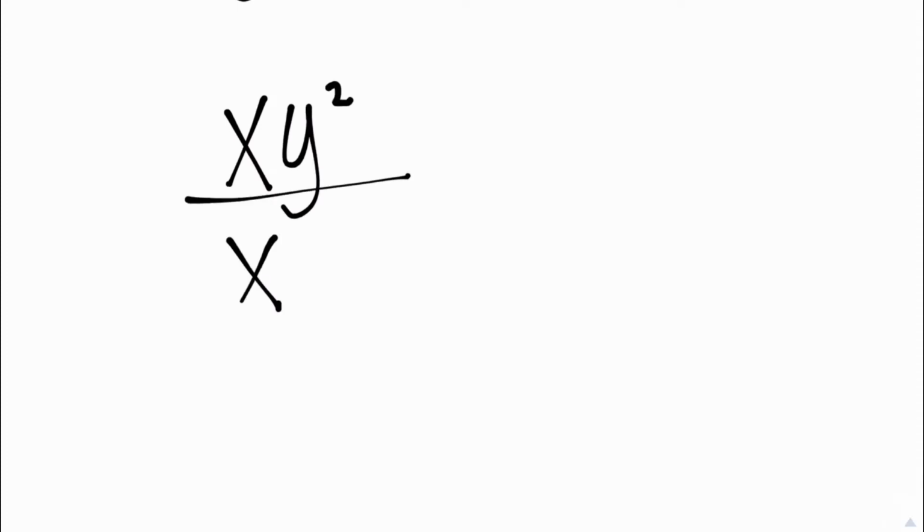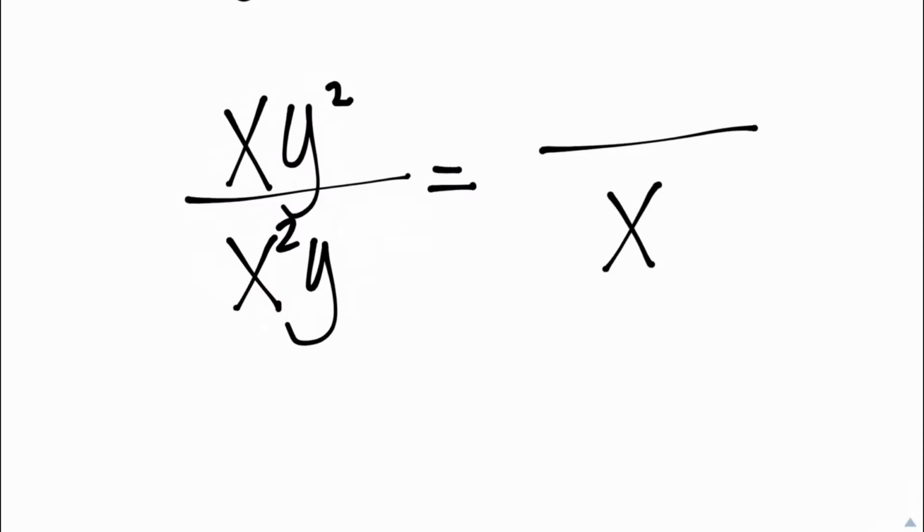One more time. Let's say we have xy squared over x squared y. 1 minus 2 is negative 1 for the x, and 2 minus 1 is positive 1 for the y. Because it's negative 1, the x goes on the bottom. Because it's positive 1, the y goes on the top.